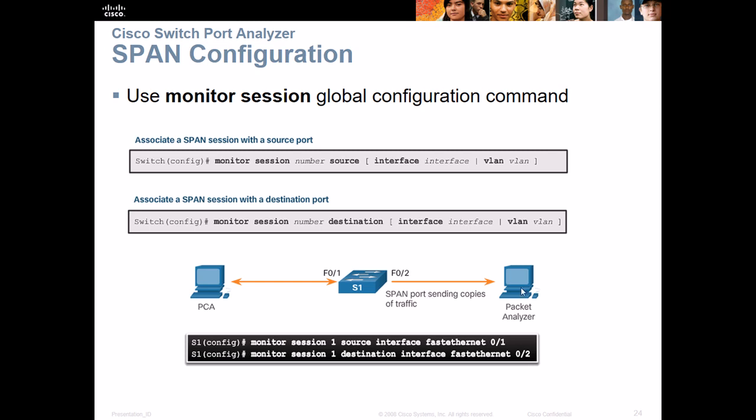You just have to make sure that you have your IDS set up on the destination port, and any frame being sent on 0/1 will also be sent on 0/2. All right, so write these 2 commands down. This is how to configure a switch for SPAN. And that's pretty much it.